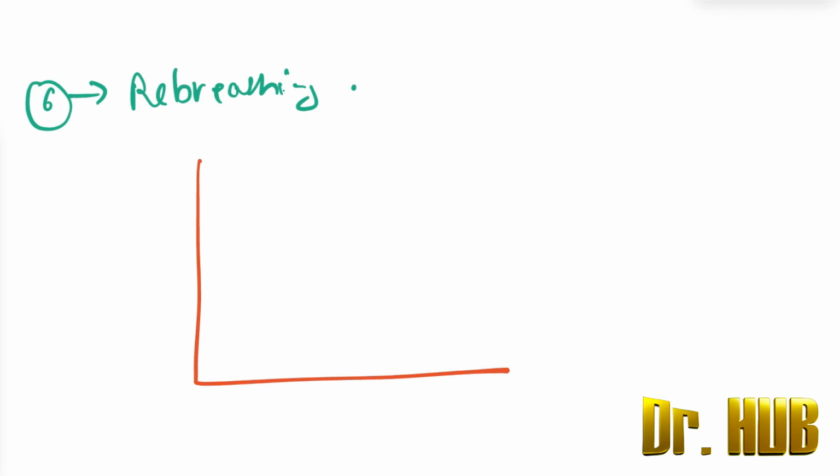In rebreathing, the graph begins but doesn't touch the baseline, and then there is an increase. It is more like a bar graph, but with a slightly gradual increase in direction. It increases, then again a gradual increase, and again a gradual increase. So rebreathing is similar to a continuous bar graph.